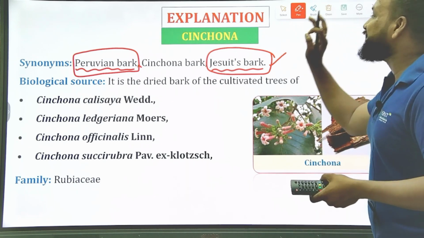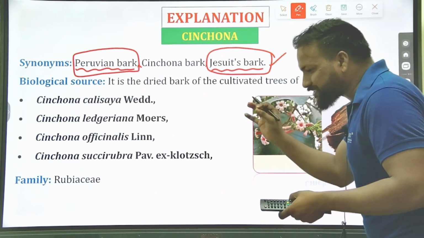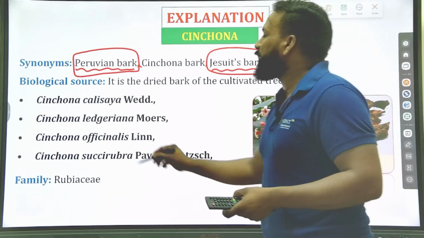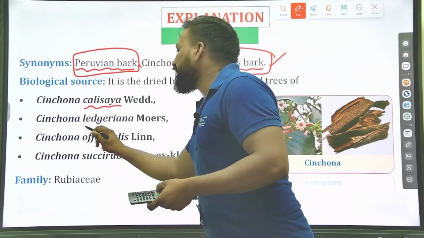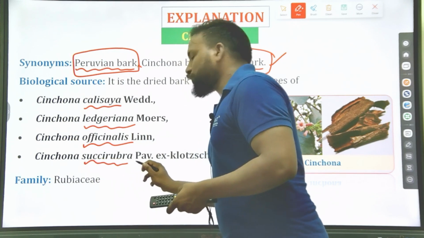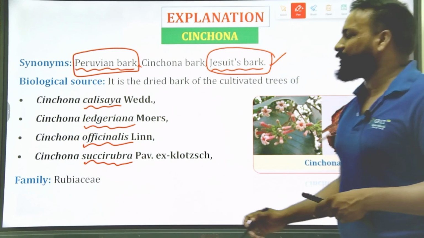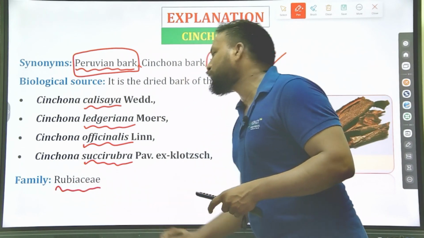Cinchona can be obtained from four species: Cinchona calisaya, Cinchona ledgeriana, Cinchona officinalis, and Cinchona succirubra. All these species belong to the family Rubiaceae.